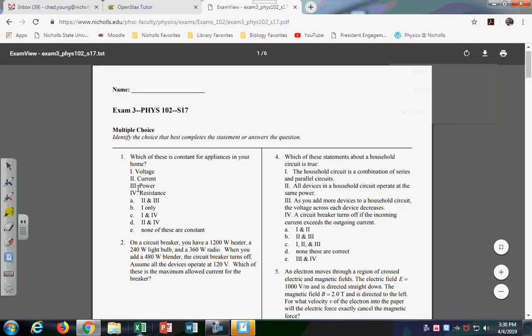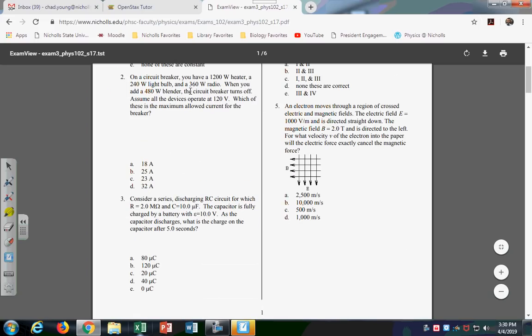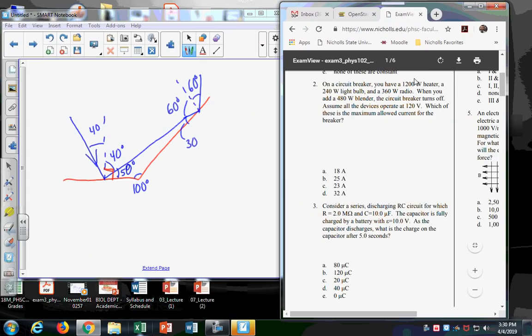Okay, so this is a good one, Spring 17, because it starts up with household circuits and it goes all the way through all of our stuff. So what's constant about the appliances, just sort of basic stuff. You're probably going to have a question like this with circuit breakers. And, on these, I know that P equals VI.